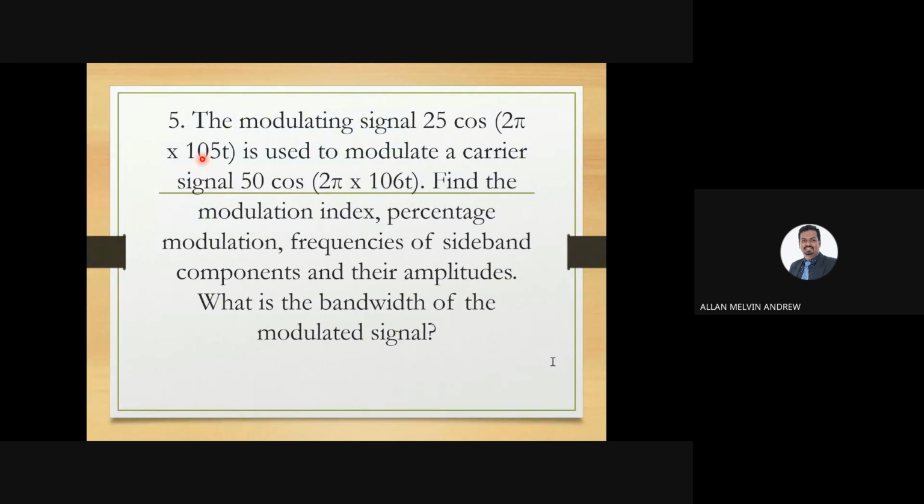Okay, transportation of your message signal, or it will combine with message signal to form a modulated signal. Okay, the third one, okay, modulated signal is modulating signal plus carrier signal.